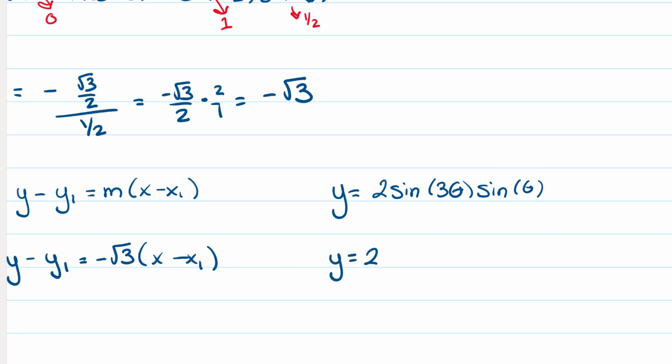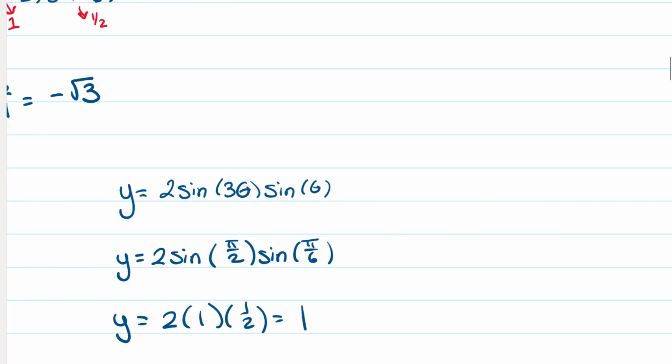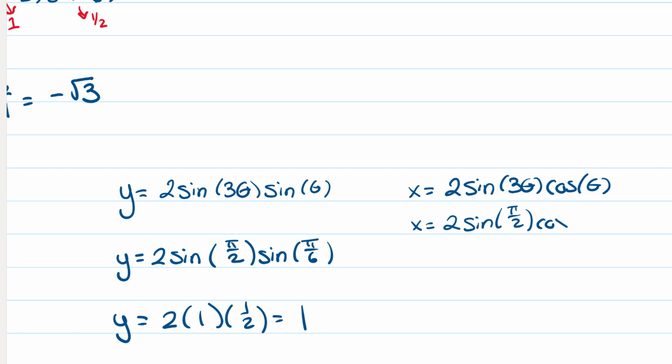So we get y is equal to 2 sine pi over 2 sine pi over 6. So it's going to be 2 times 1 times 1/2, which gives me 1. And we do the same thing for x. x is equal to 2 sine 3 theta cosine theta. So this is going to be 2 sine pi over 2 cosine pi over 6. So I get x is equal to 2 times 1 times radical 3 over 2. So x is equal to radical 3.